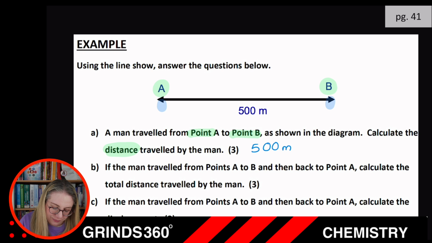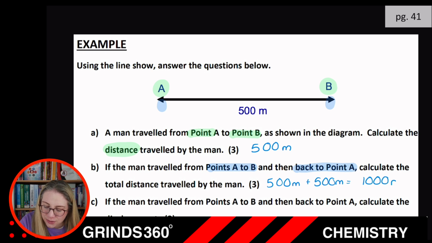Question B. If the man travelled from points A to B and then back to point A, calculate the total distance travelled by the man. So A to B is 500 meters, and then B back to A is another 500 meters. That means he travelled a total of 1,000 meters, because it's the total distance that he moved.